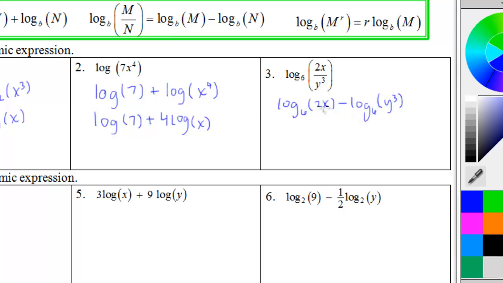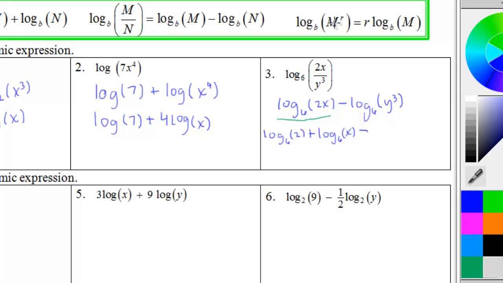Alright, then looking just at this part, that can become the log of, since 2x is a product, you can split that into the sum of two logs. So that will become the log base 6 of 2 plus the log base 6 of x minus, now this one has the base and an exponent here within the log statement, and so we can use this rule.